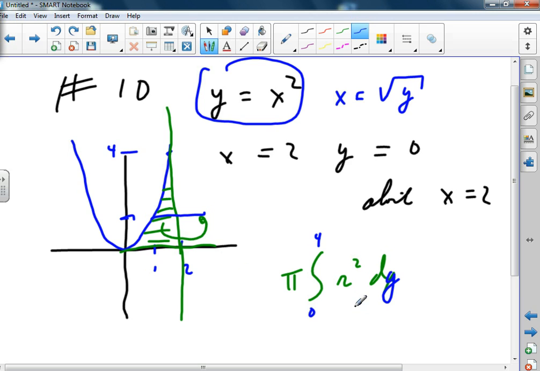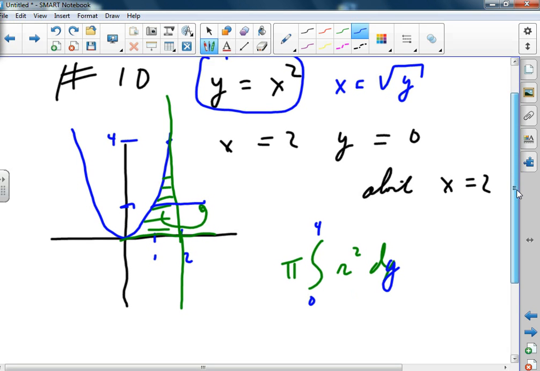What's the radius? I need an equation for the radius.